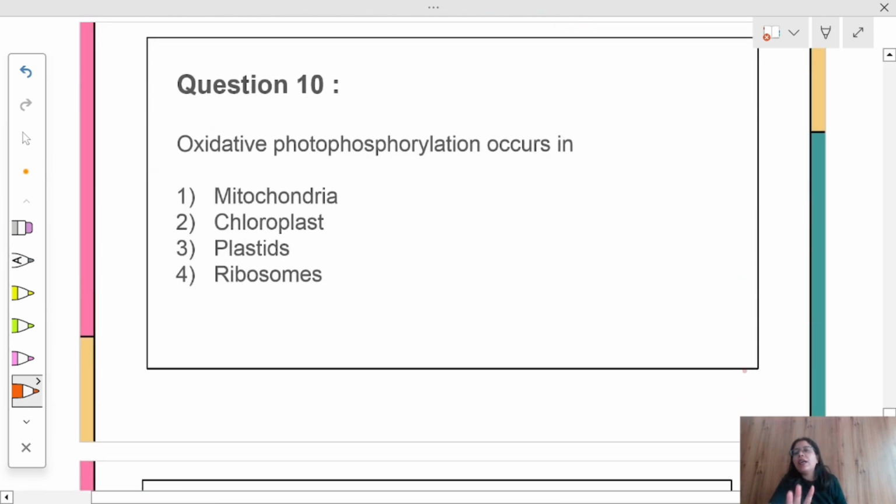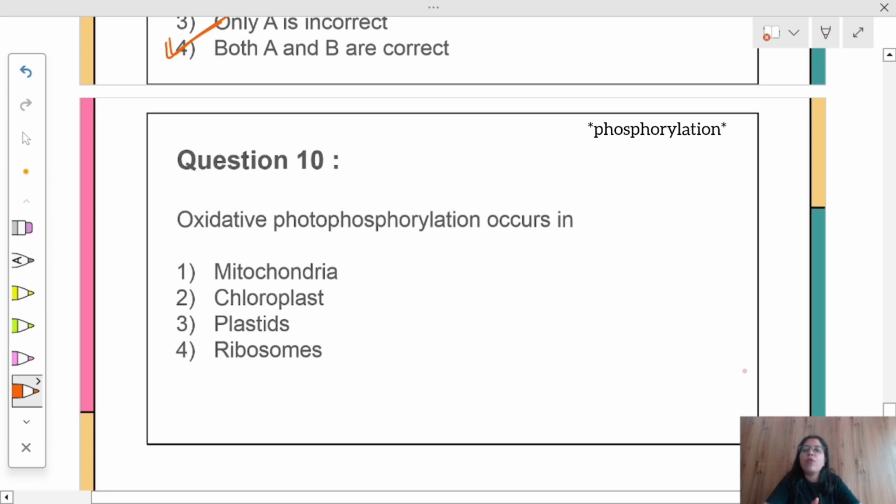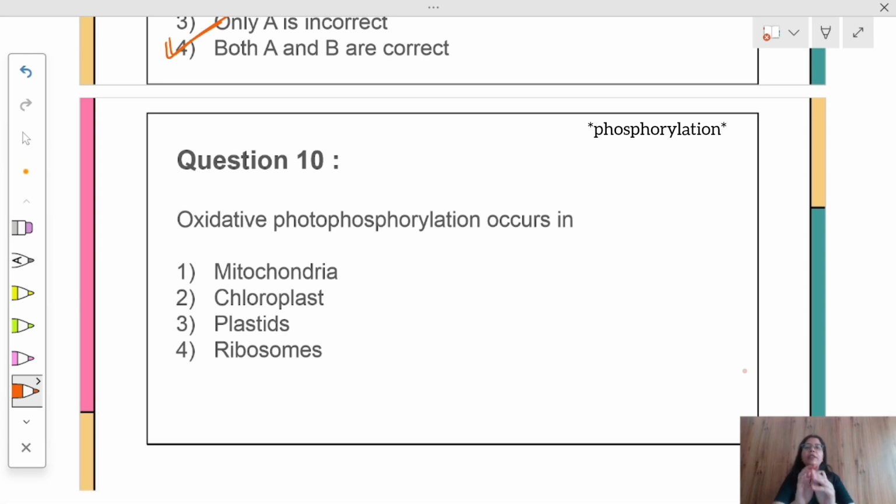Now, last question for the day. Oxidative photophosphorylation occurs in. Please remember there are different types of phosphorylation. Oxidative phosphorylation occurs by oxidation of NADH and FADH2, and this oxidation of NADH and FADH2 occurs during aerobic respiration, right?